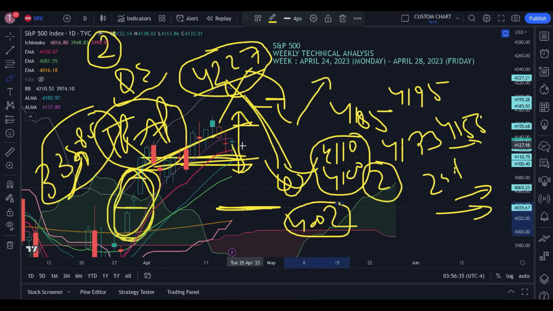A fall from this level is expected to be limited to 4000 or 4002.